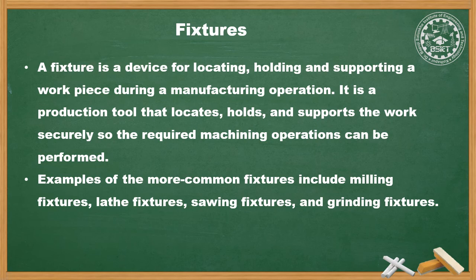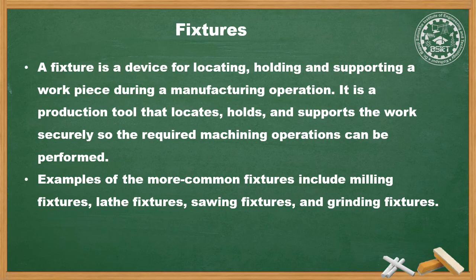Moreover, a fixture can be used in almost any operation that requires a precise relationship in position of a tool to a workpiece. Fixtures correctly locate a workpiece in a given orientation with respect to a cutting tool or measuring device or with respect to another component.